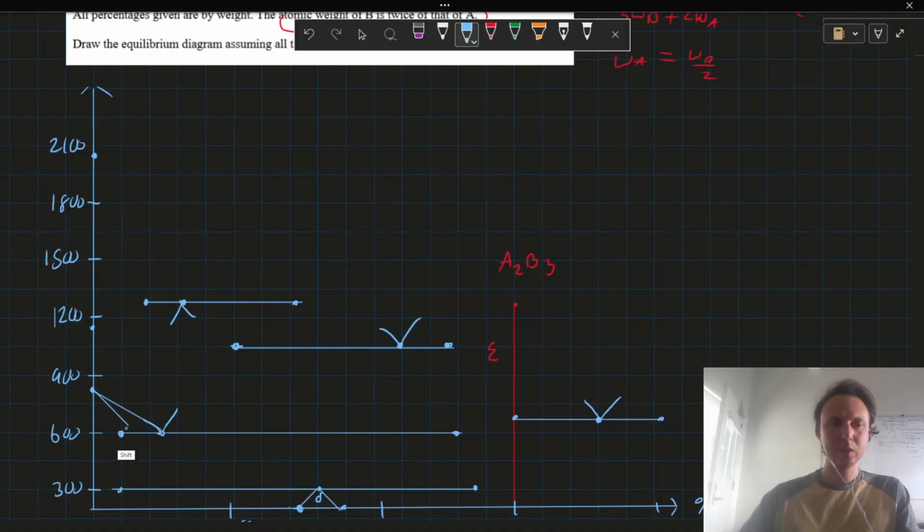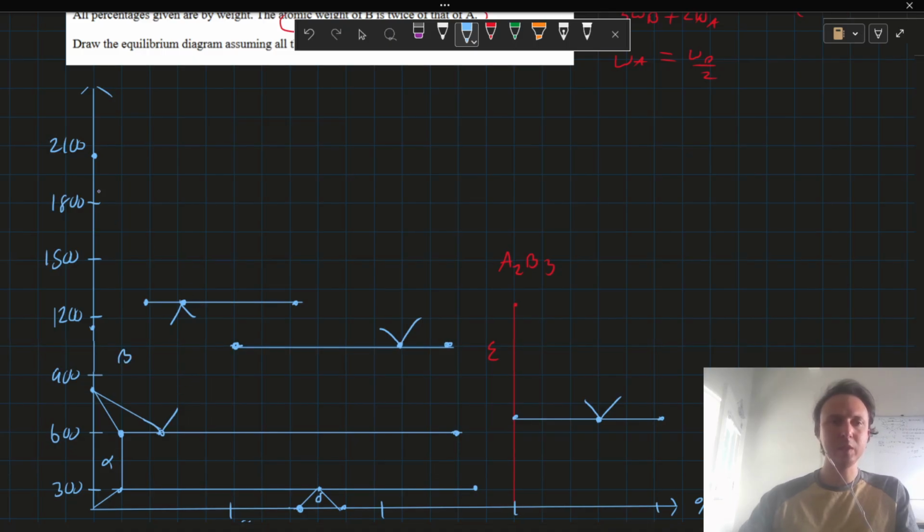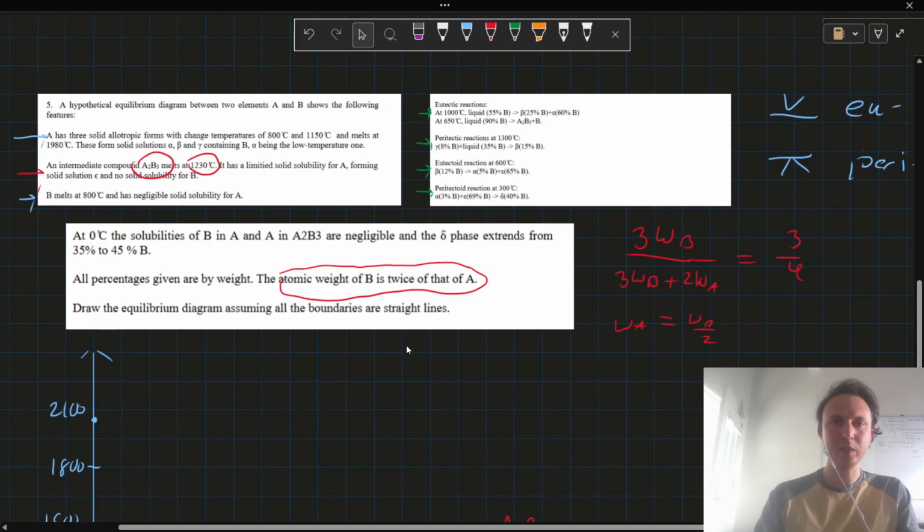So, and we'll do this too right there. Alpha, something like that. Alpha, and then this one up here will be our beta phase once we fill it in, and then we'll have a gamma phase, or yeah, gamma phase up here, right?